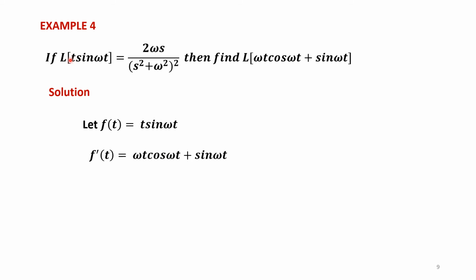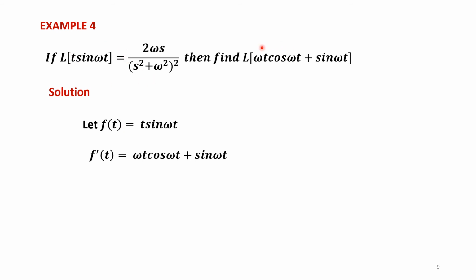So if I take f of t to be t sine omega t, f dash of t becomes omega t cos omega t plus sine omega t.